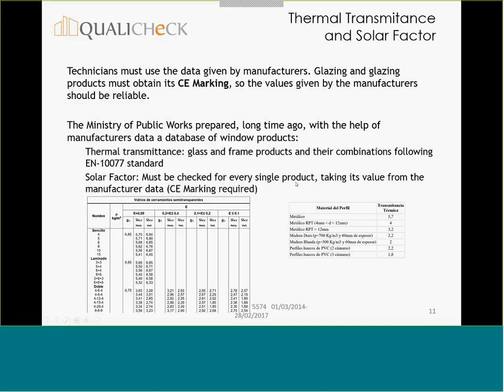We can have the same thermal transmittance and a wide range of solar factors, and there are indicative values in this table, which is included in the software database, and as I said, it's just indicative. The final numbers must be the ones actually installed in the building. This is for the transparent system, and this is for the frames.